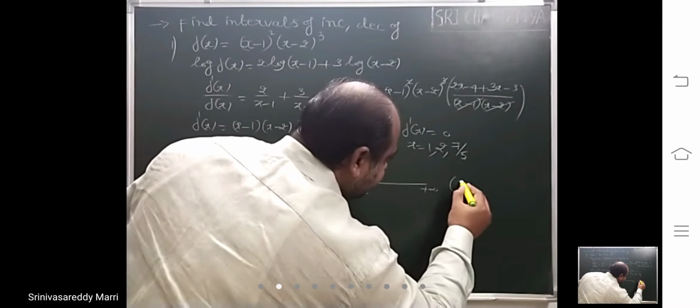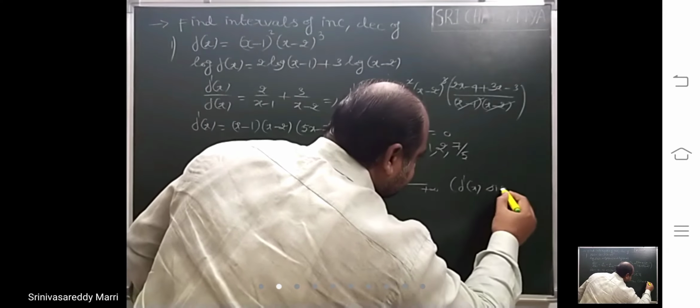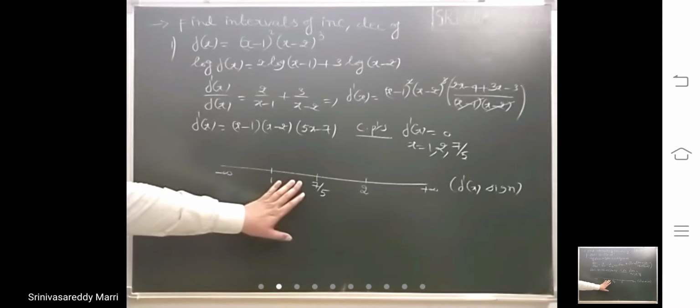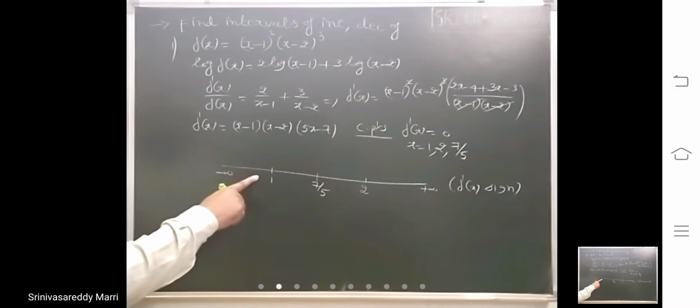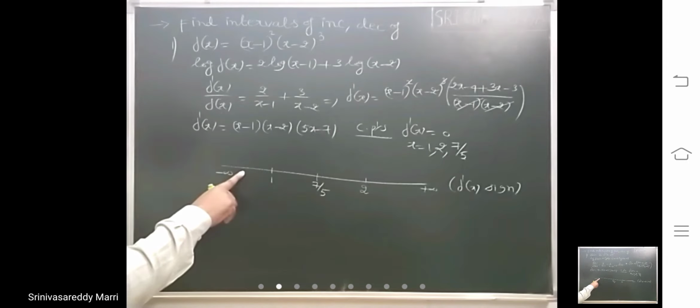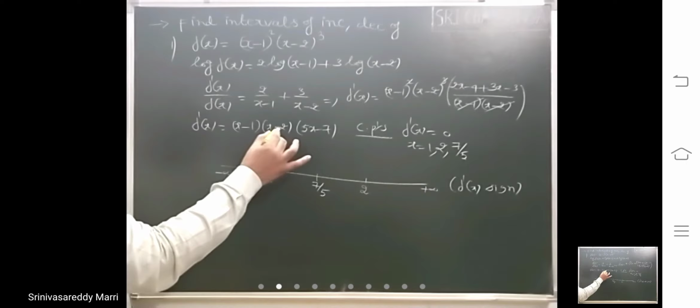Now this is called the f dash x sign diagram. It indicates where f dash x is positive and negative. Look at this: first interval, second interval, third interval, fourth interval. Now I will tell a technique of how to give all the signs. Here you give the sign by taking x equals 0. This is negative, this is negative, this is negative.